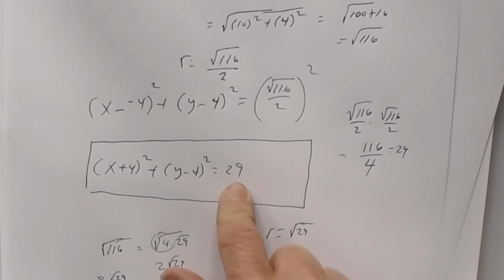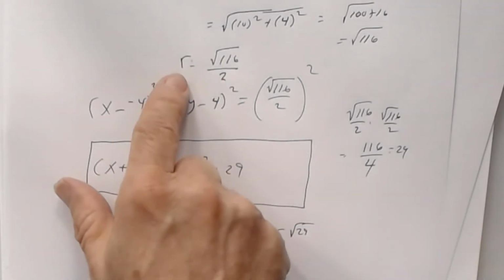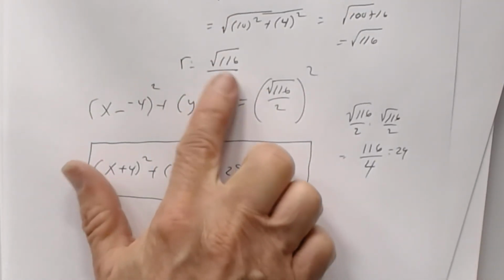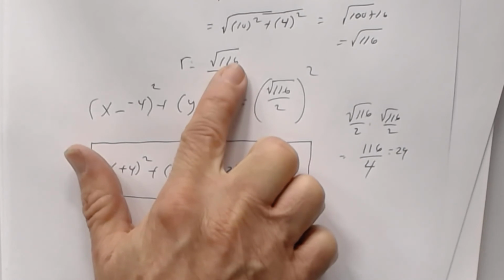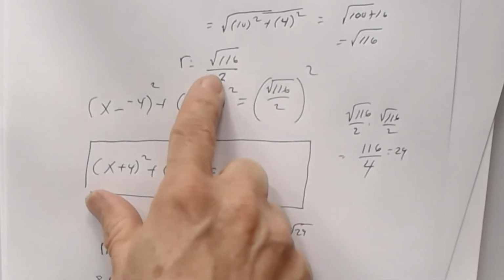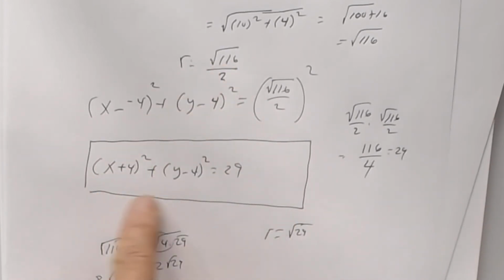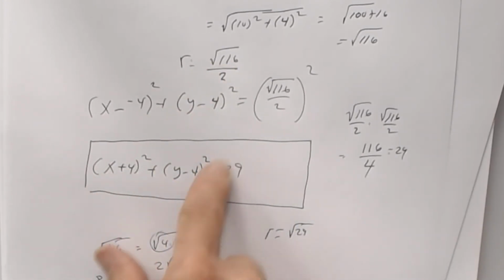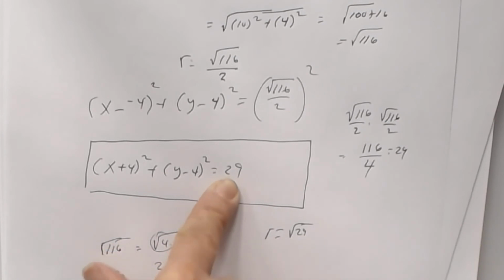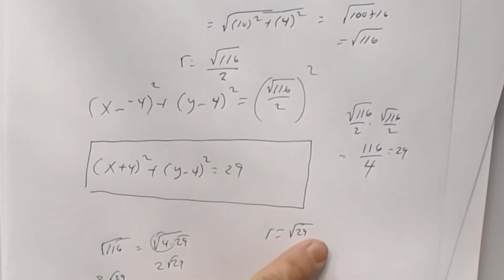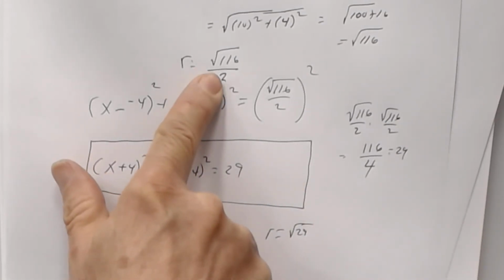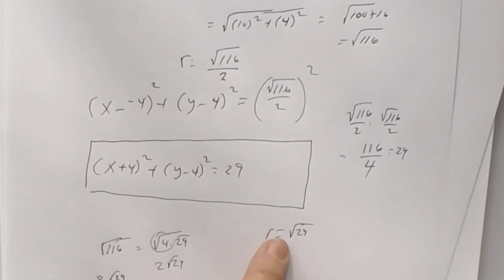That's what we did. But then when we find the distance, remember I told you, don't simplify this, right? Because you'll be squaring it and the square root goes away. But I just want you to be aware that when this is given, the radius will be just the square root of this, and that is the same thing as this. Because when you simplify this, you get this.